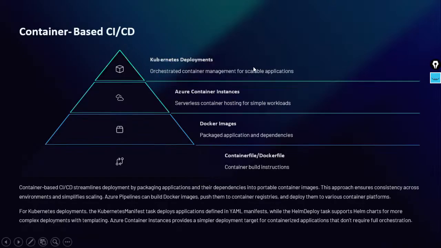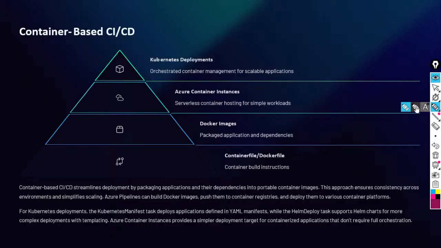So container-based CI/CD, whenever you want to do the entire deployment based on containers, then you follow this path. You have a container file, a Docker file or a Docker compose, as we discussed.